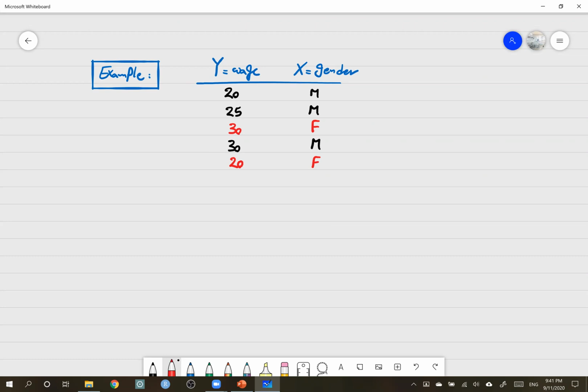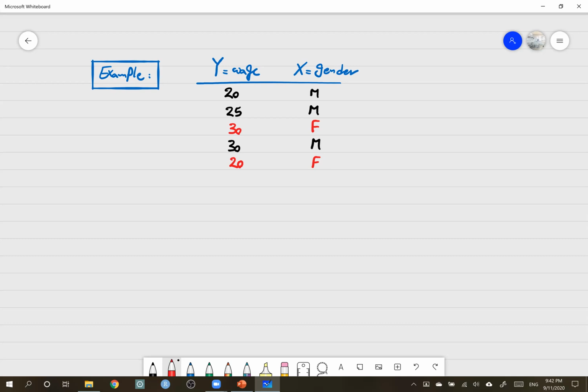Later on in the course, we will argue that gender is not a good random variable, and you should make a dummy variable for male or female. But for the sake of argument, let's say that our random variable is gender, and we only have two types, male and female. We are just making some assumptions.